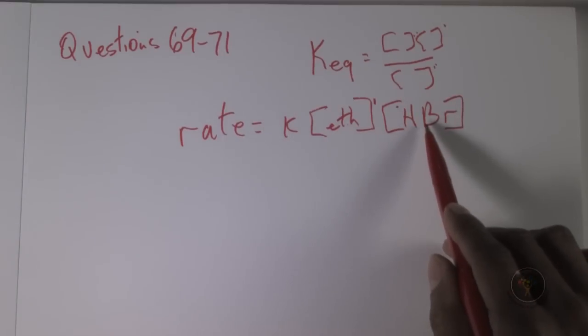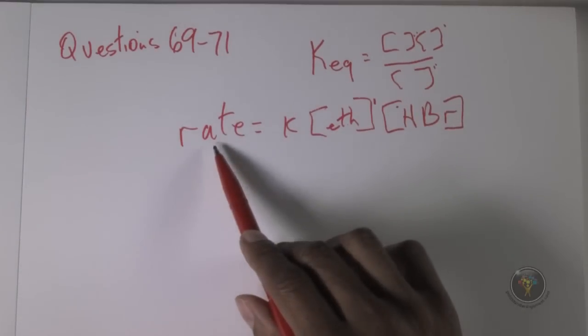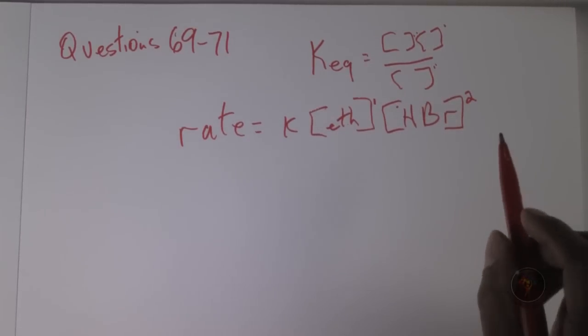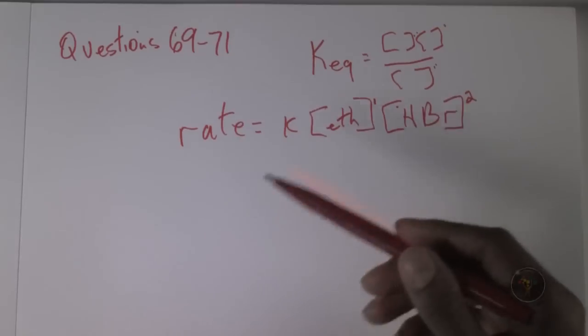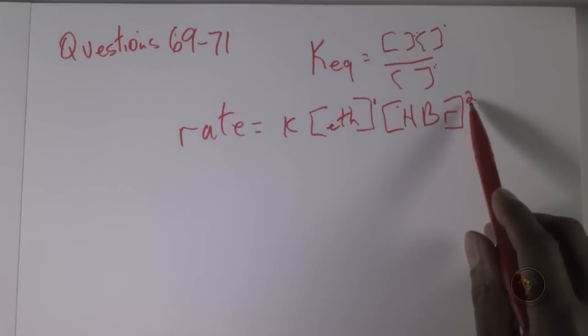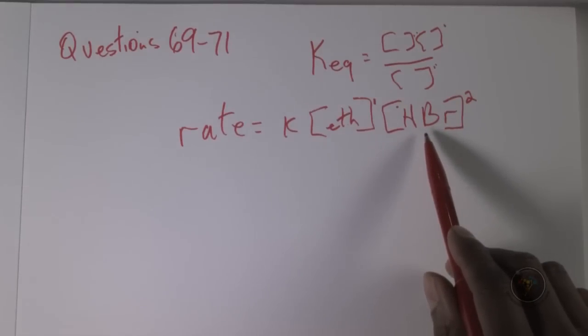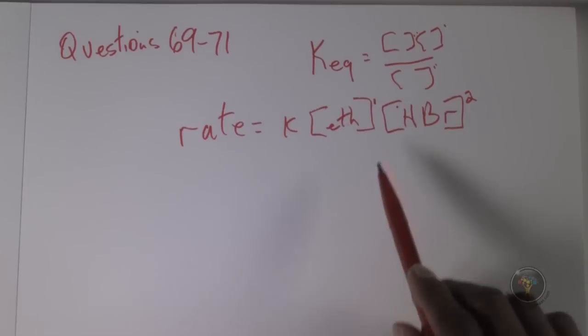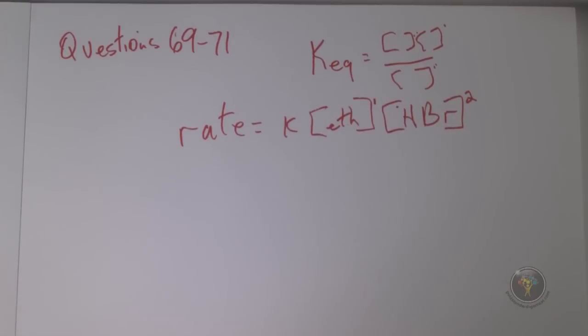So if by doubling this, the rate goes 4 times, that means this must have the exponent 2. So we can describe this reaction as first order with respect to ethene, second order with respect to hydrogen bromide, or we can say this reaction is a third order reaction, which is the sum of the exponents.